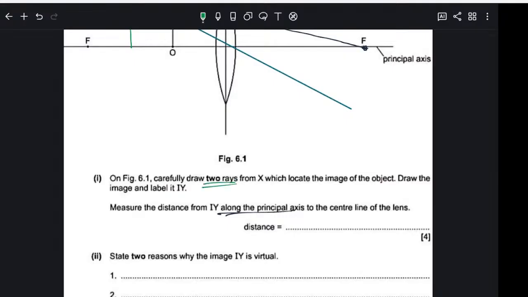Your 2 rays have located it. These are the 2 rays you should always put. LGK, have you seen it? How many rays do you need on a ray diagram, LGK? Tell me now, let's finish this. You need 2. One which does what, LGK?